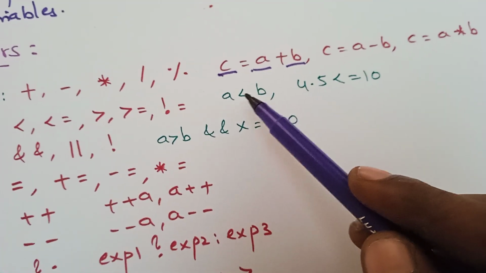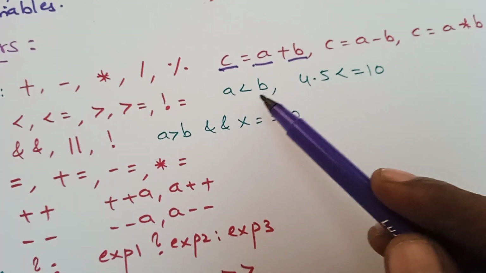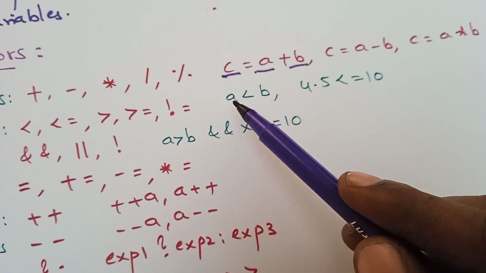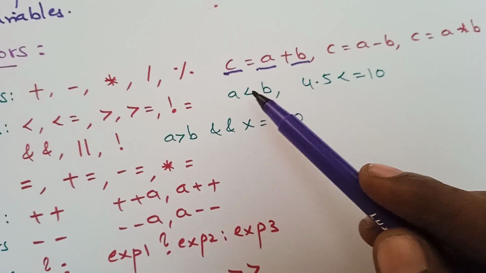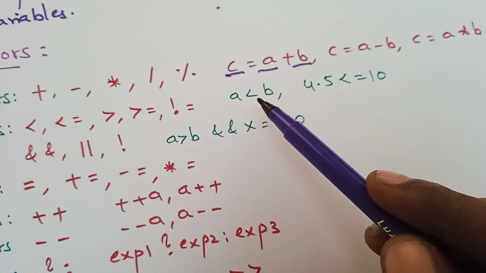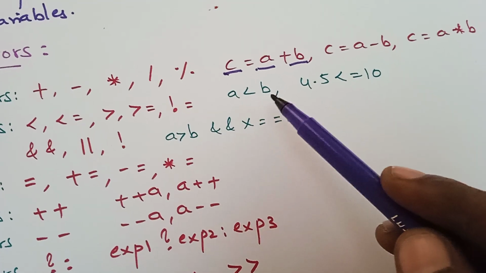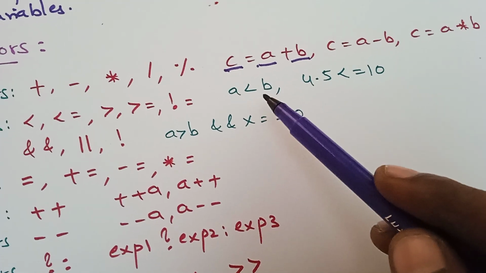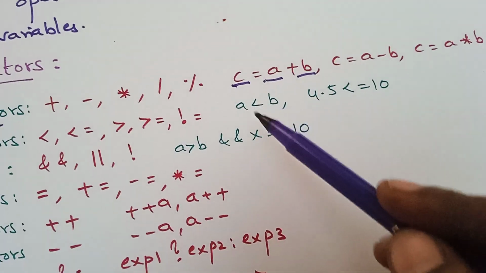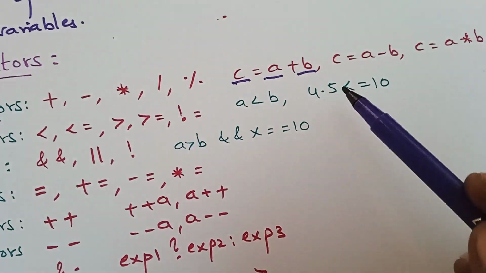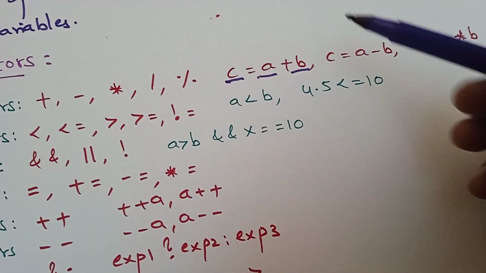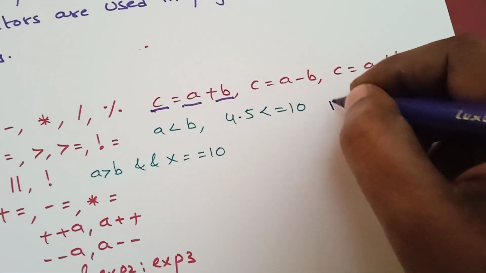Now a, b are operands. The operator is less than and the operation is a relational operation. As far as relational operators are concerned, the result will always be true or false.